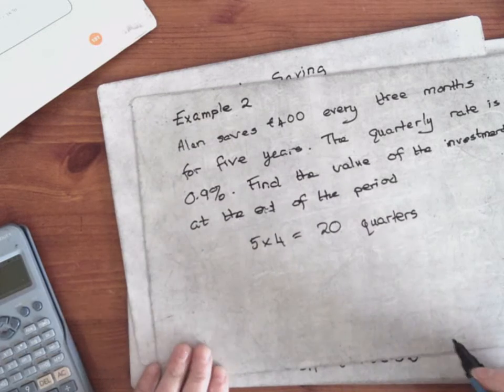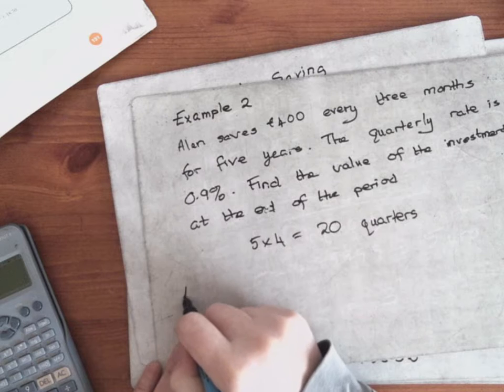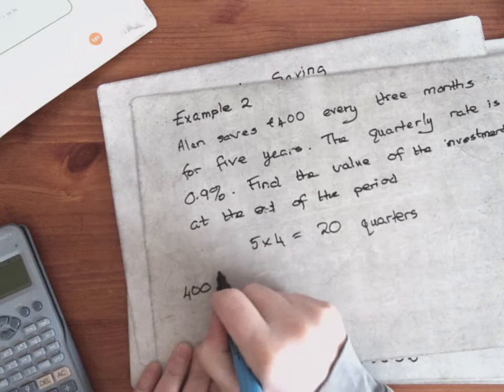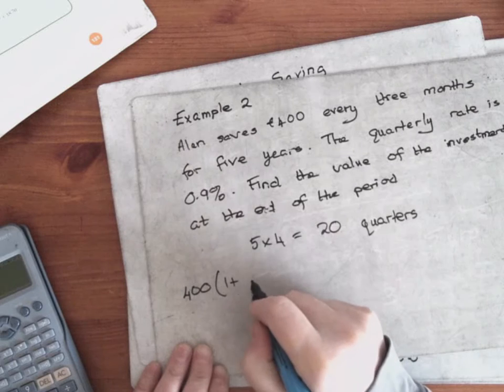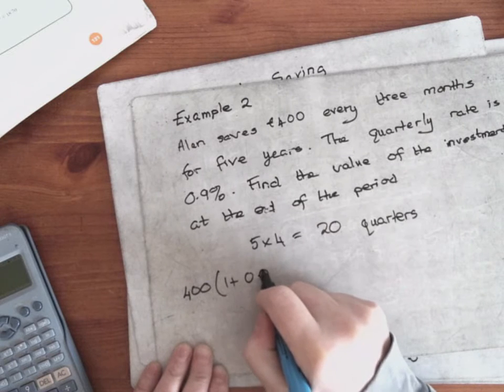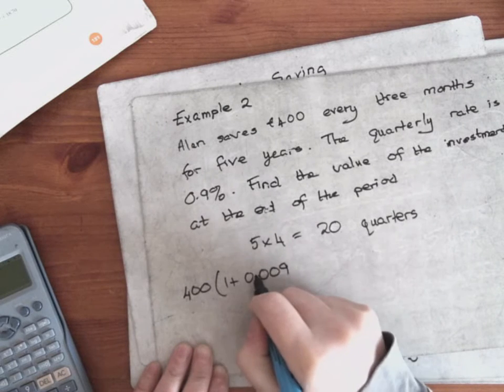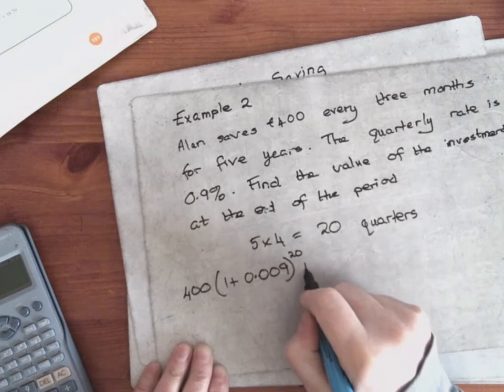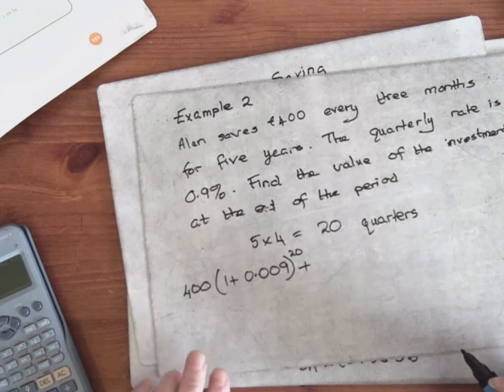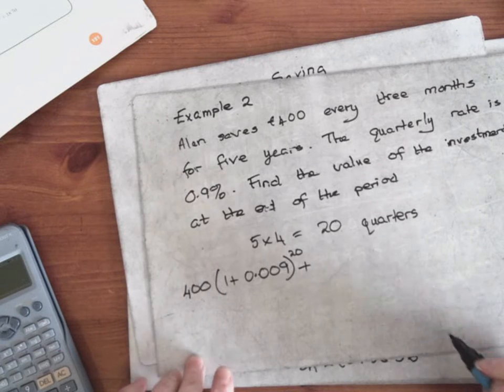Okay, so the first 400 there is going to be in there for 20 quarters. So it's 1.009 all to the power of 20.